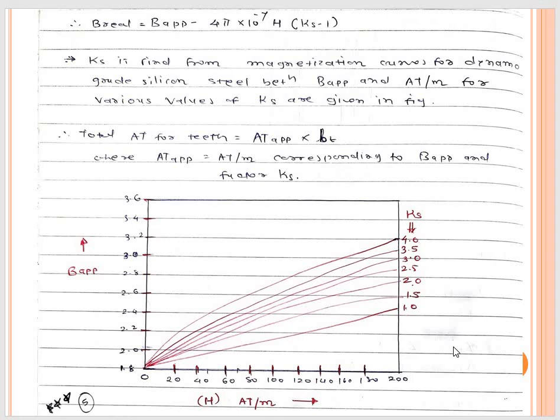So from this graph, we can conclude that as the value of Ks increases, the curvature of the BH curve increases. We can see that for Ks equal to 1, the curvature is very small, and it increases from downward to upward. So as the value of Ks increases, the curvature of the BH curve also increases.